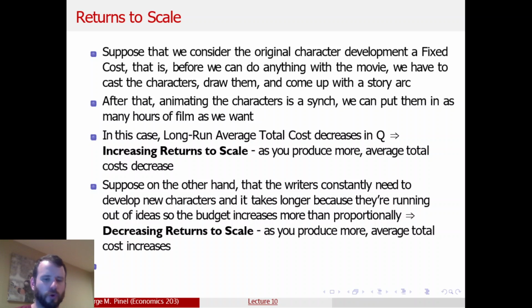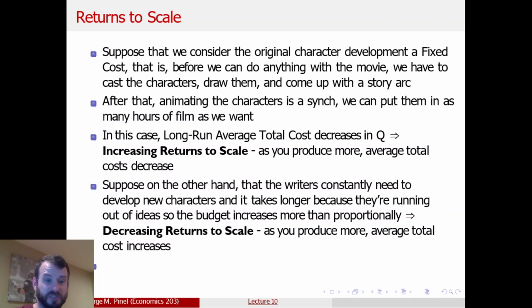This might happen for industries that are really efficient for a small set of employees, but as the number of employees increases and increases, and the amount of stuff that they have to do increases and increases, well, every employee becomes so ingrained in their own skill that they don't know what's happening everywhere else, and it becomes like a bureaucracy. So that might be a case where you have decreasing returns to scale.